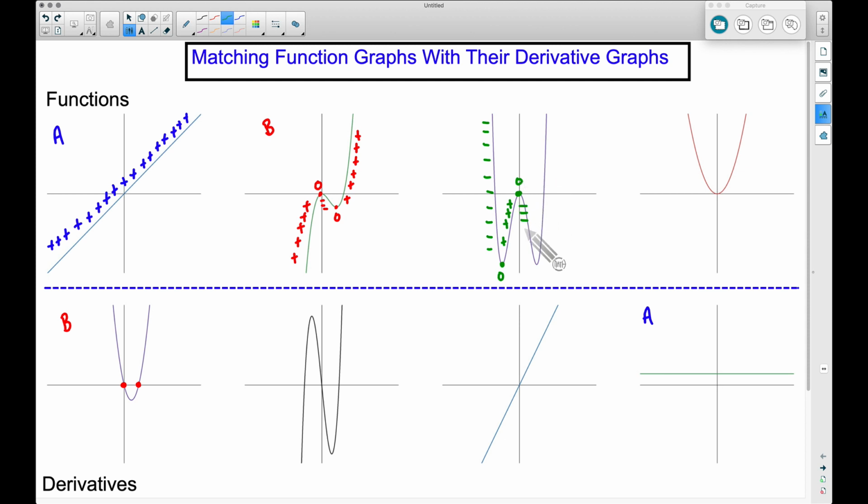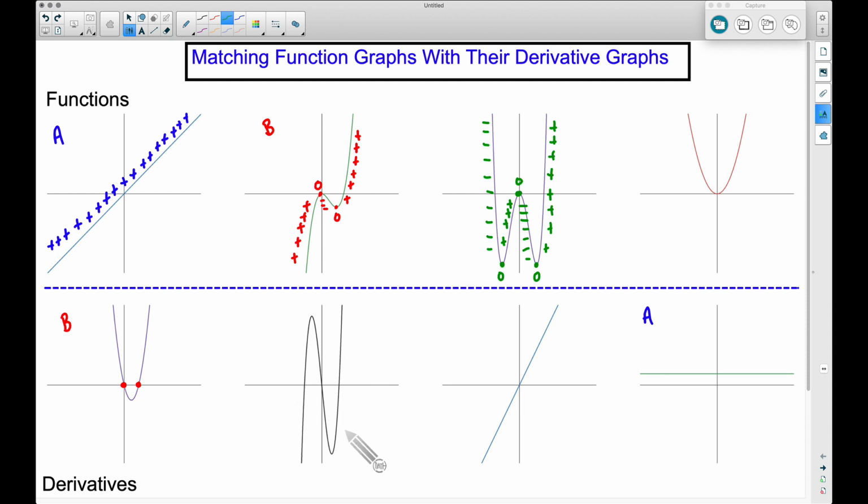Then the function's decreasing. Then we have another spot with a horizontal tangent line, which corresponds to a slope of 0, and then the function starts to increase again. So what we want now is to find a graph that is below the x-axis for its derivative, above the x-axis, below, and then above.